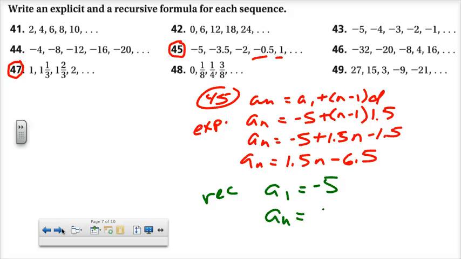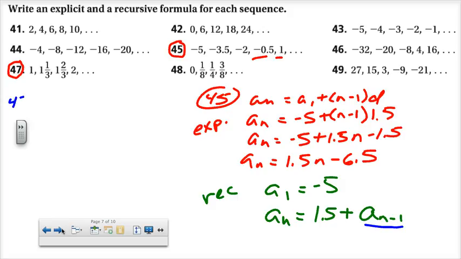And we know we're going to use the previous term, but I'm going to let that be in the back of my formula and just write what it is they're doing to each term. And like we talked about, what they're doing is they're adding 1.5. So this will be 1.5 plus the previous term. And now it's done. So again, take explicit, we're going to use n in the formula. And then use recursive, you have to have this previous term notation. That's what recursive is based on.